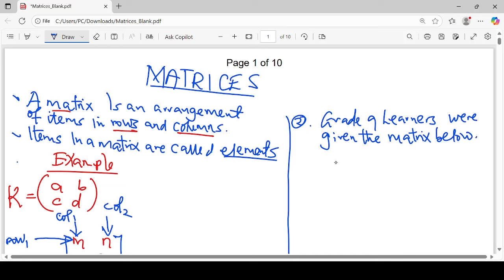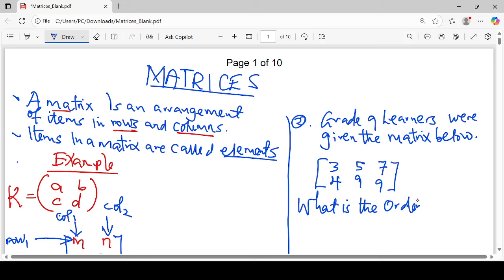We have 3, 4, 5, 9, 7, 9. That is the matrix grade 9 learners were given. Then the question here is, what is the order of the matrix? The question is 2 marks.